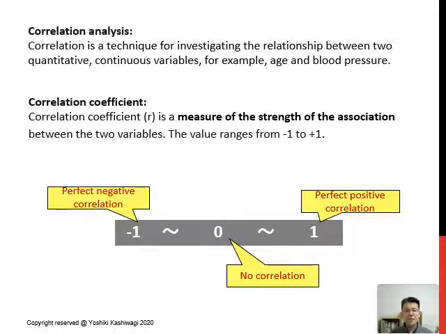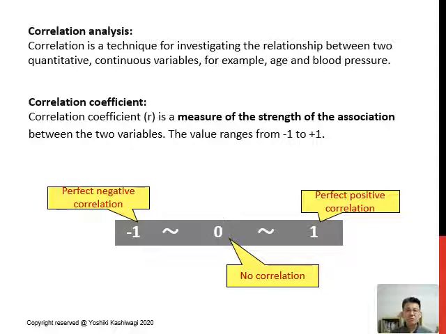And in the correlation analysis, we will use the parameter called correlation coefficient. Here is the definition. Correlation coefficient is a measure of the strength of the association or relationship between two variables. The value ranges from -1 to +1.